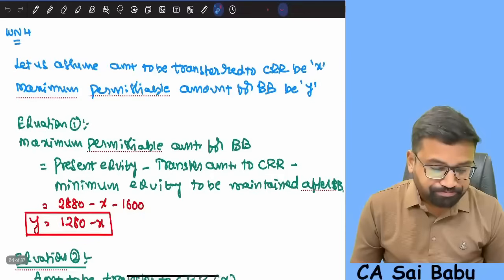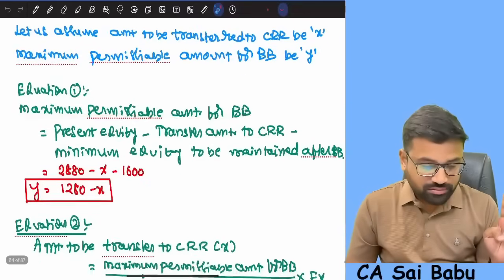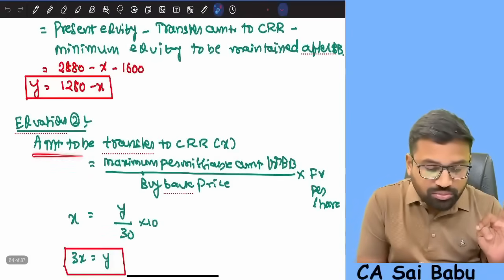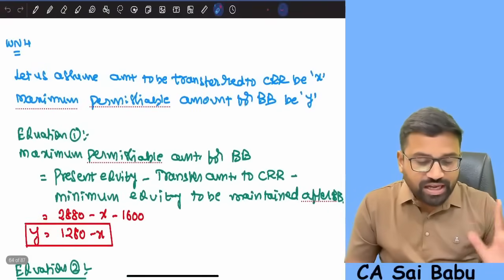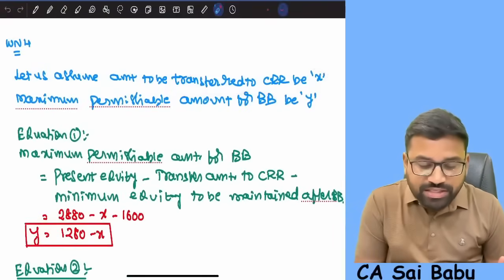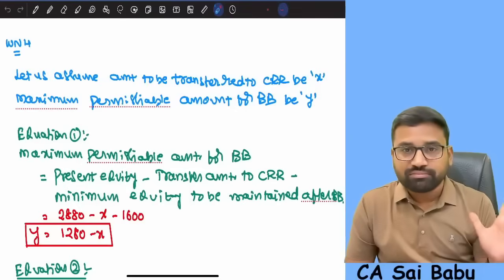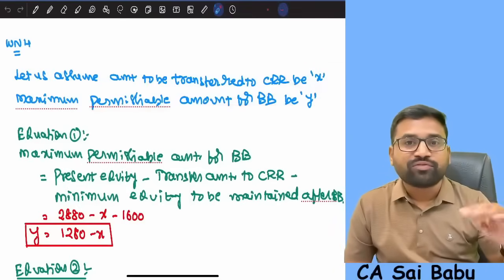First equation, what is the maximum permissible amount for buyback? This is equation number 1. Equation number 2, amount to be transferred to CRR. Let us assume the amount to be transferred to CRR be X and the maximum permissible amount for buyback be Y.